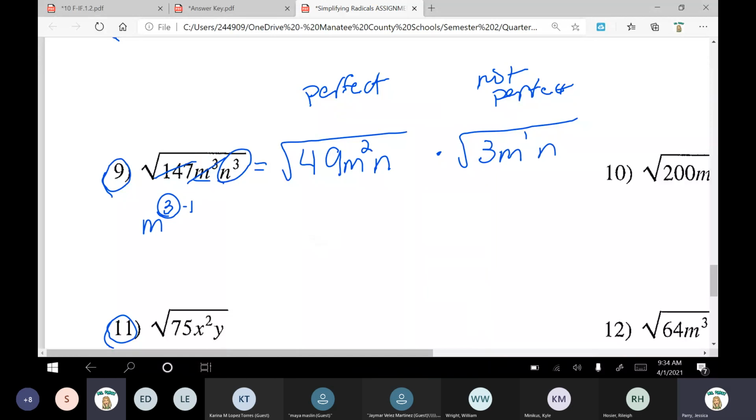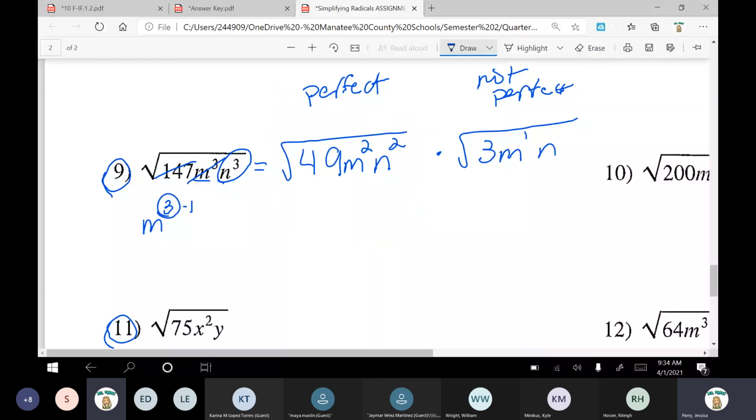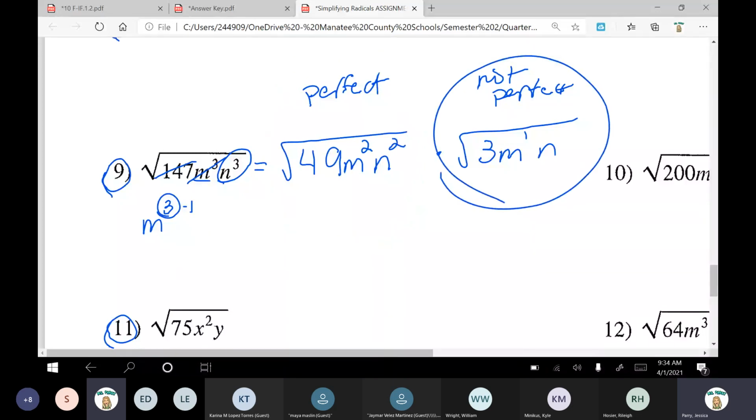N to the power of what is going to go here? Power of 2, perfect. That means what's going to go with our exponent for n in the not perfect? Exponent of what? One, perfect, because 2 plus 1 is 3.